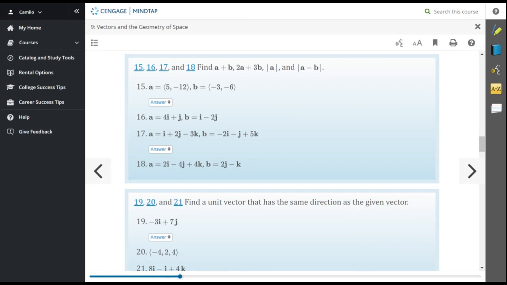All right, guys, let's work on 18. This is problem 18. They gave us two vectors, okay? They didn't use the notation that we use. They used bold lettering.